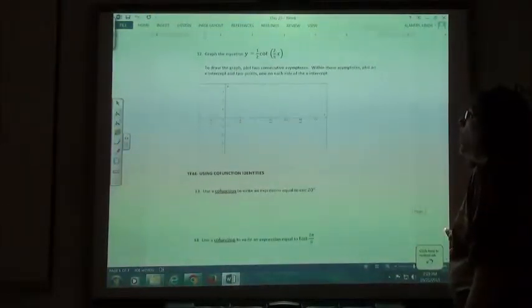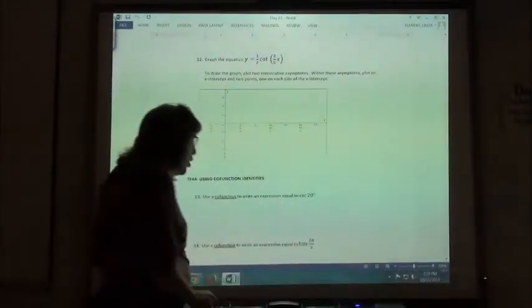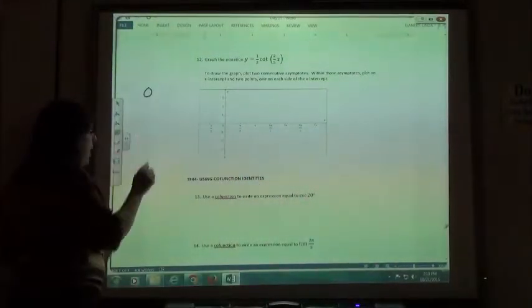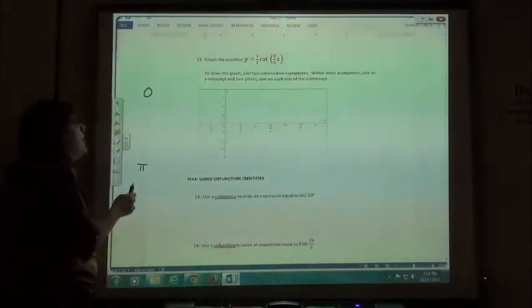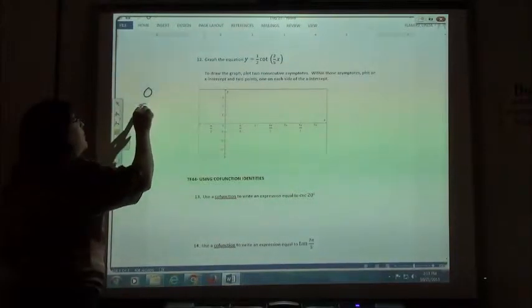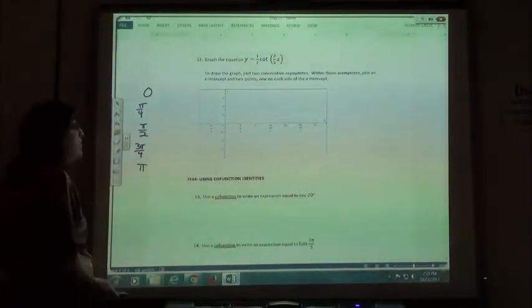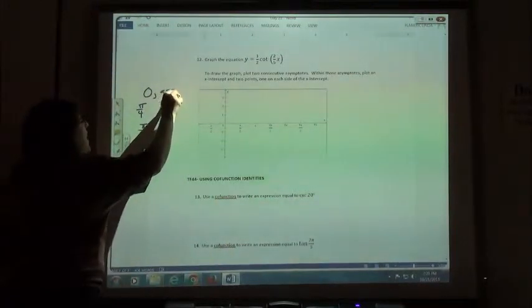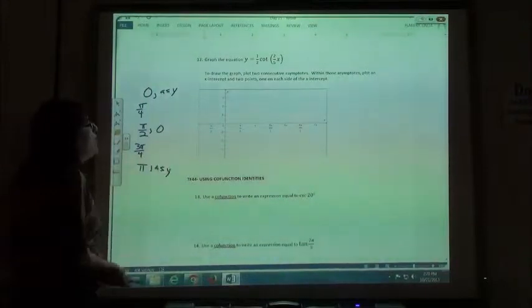And then we're going to do a cotangent graph. So on our cotangent graph, our cotangent starts at 0 and ends at pi. 0 to pi would be my normal graph. Pi over 2 is in the middle, so I would have pi over 4 and 3 pi over 4 for my other values. Again, I have an asymptote at the beginning and an asymptote at the end. 0 in the middle.